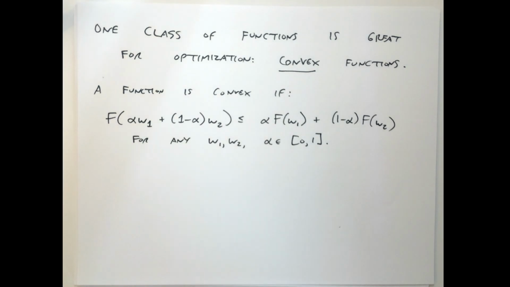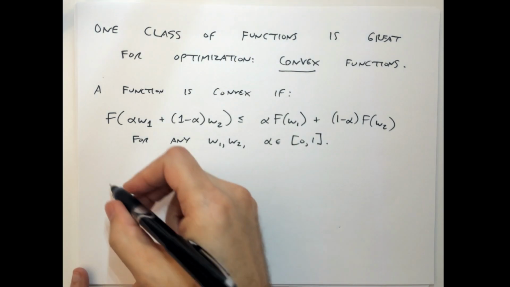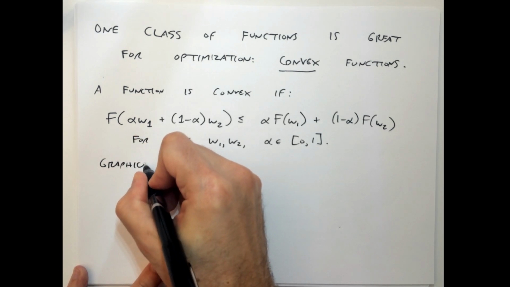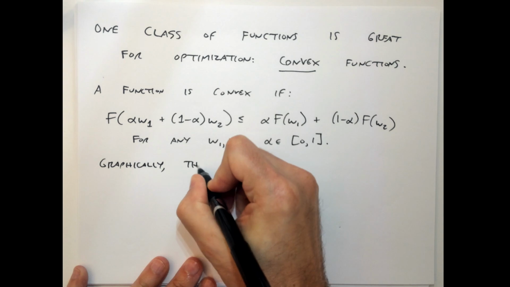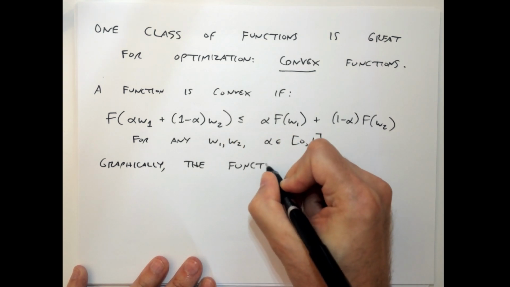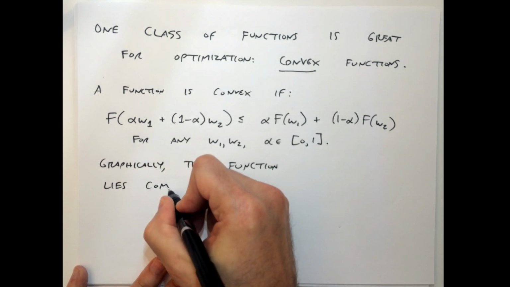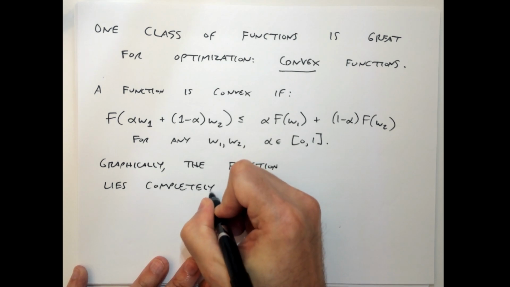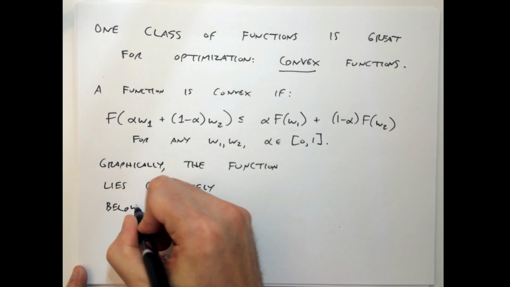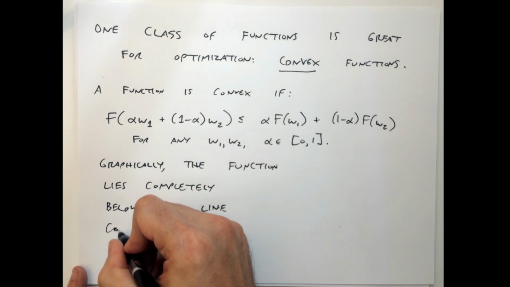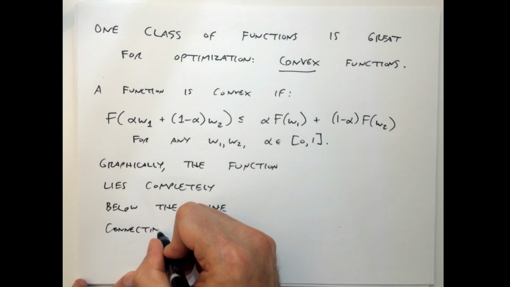Conceptually, what this means is that if I connect 2 points along the function, the rest of the function is always below that line. So, graphically, what this means is that the function lies completely below the line connecting any pair of points.